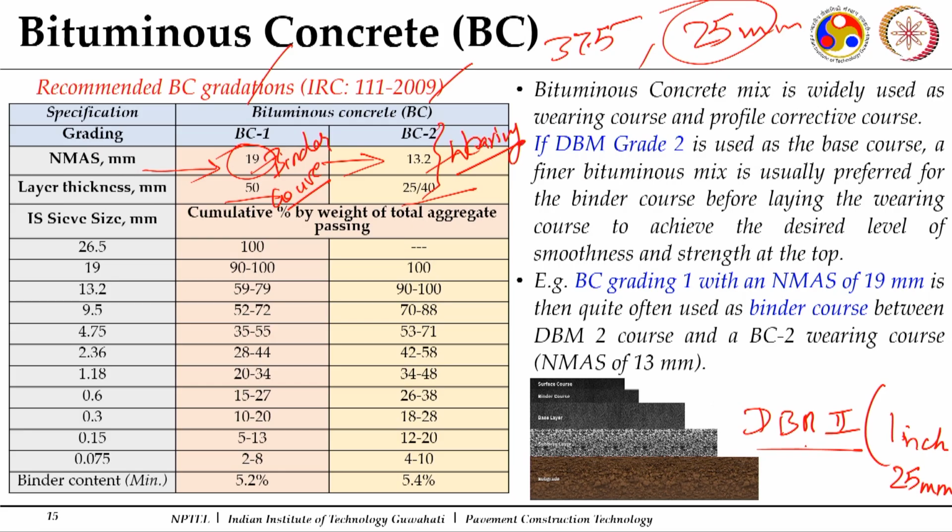So, I can have a DBM 2 with a layer thickness of say around 60, followed by a BC 1 with a layer thickness of 50, and followed by a BC 2 as a wearing course with a layer thickness of 40. So, this makes my three combinations. We need to be smart enough to pick which gradation of these different mixes can be used in different layers as bituminous base course, binder course and wearing course.